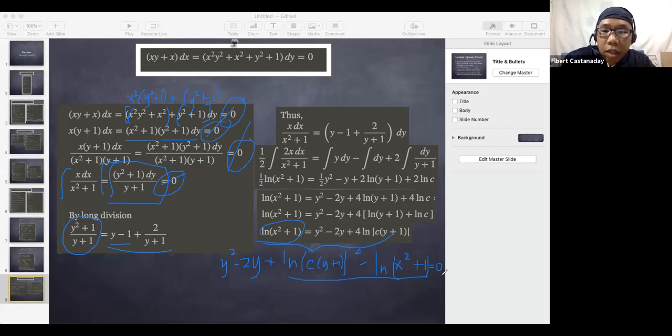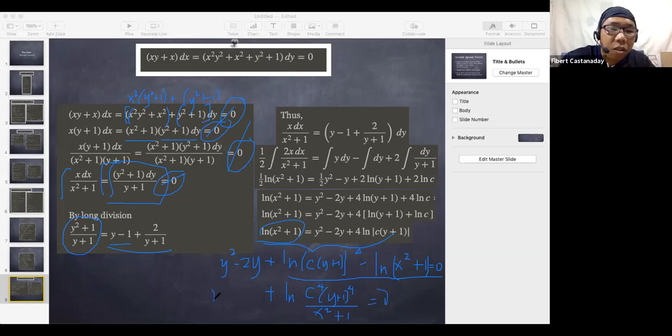And then you can combine them. So this will become just one term, right? So c times y plus 1, we just follow the raised to 4, over x squared plus 1, equal to 0.